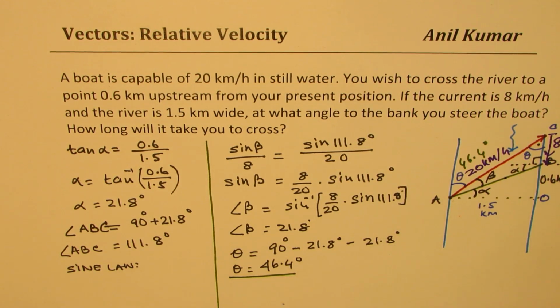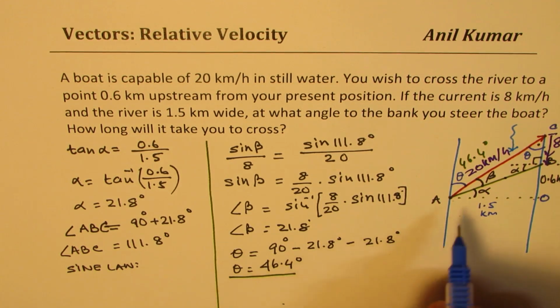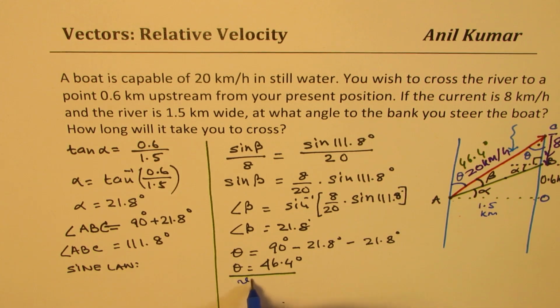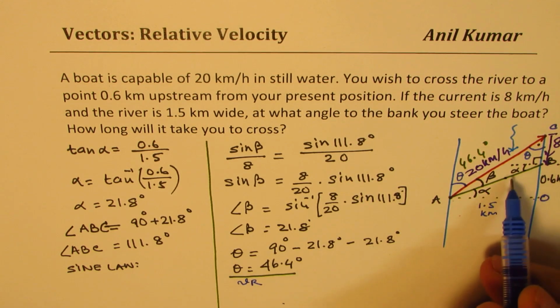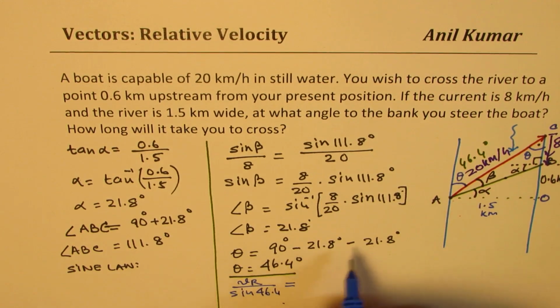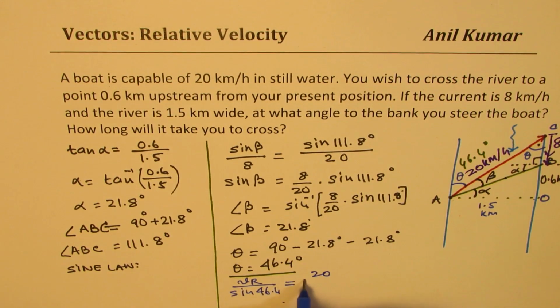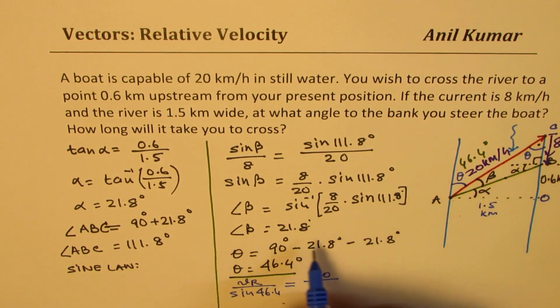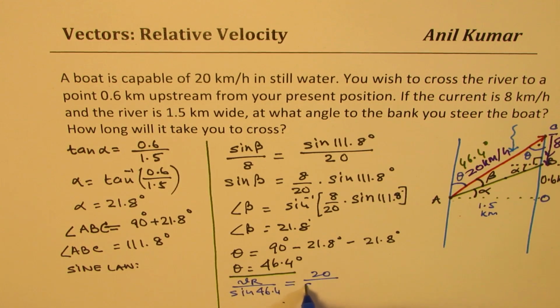So what we get here is, let's write down. The resultant velocity over the angle opposite, which is sine of 46.4 degrees, should be equal to 20 over sine of 111.8.